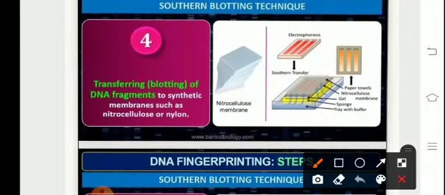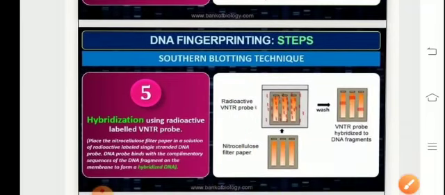So we are going to place this gel onto the nitrocellulose membrane. The fragments from the gel will get transferred onto the nitrocellulose membrane as the DNA has got more affinity with it. So here we can see the nitrocellulose membrane, the gel, the sponge, and the tray which has got the buffer solution.